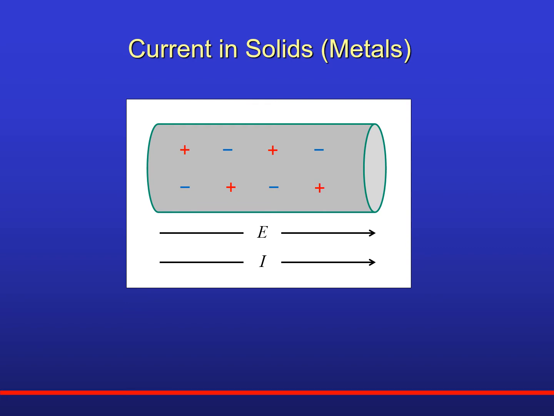We can't see inside of a wire, but we would know you put that field across there, you get that current. By the way, how would you put a field? Remember, for a field, you have to have a change in voltage. Field goes from high to low. You'd want to put a high potential on the left side of the wire and a lower potential on the right side of the wire.